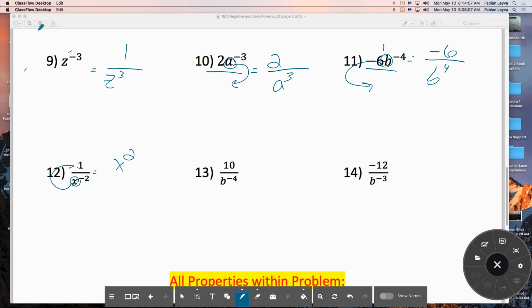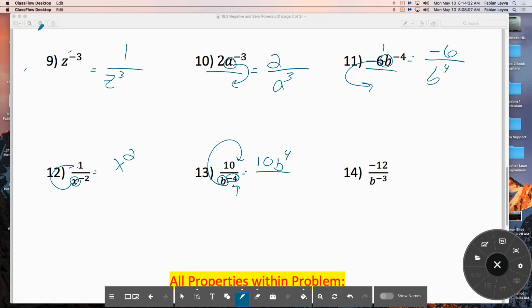All right, so let's go to the next one. 10 divided by b to the negative 4. I notice I'm dividing by a b that has a negative exponent. Now, it's improper to have a negative exponent, so let's move it to the numerator. My 10 is just hanging out. My b is going to be moved to the top. The action of moving it makes my exponent a positive.